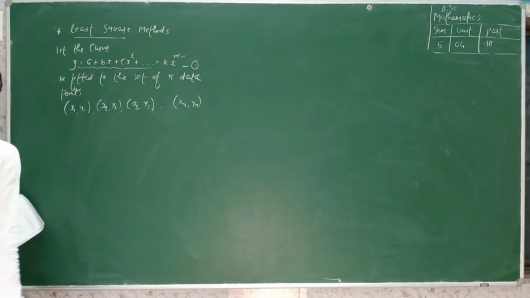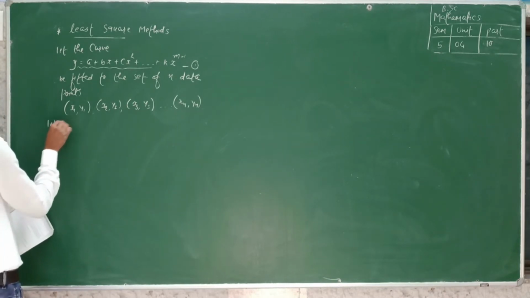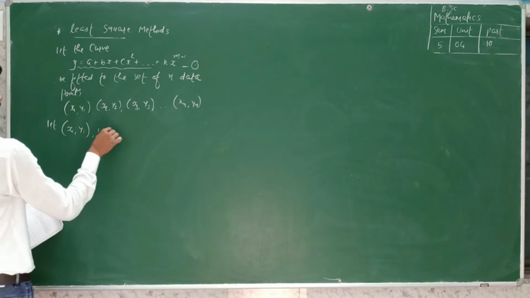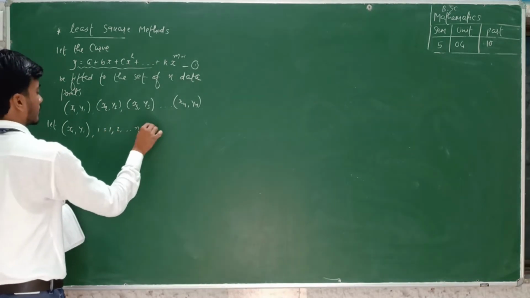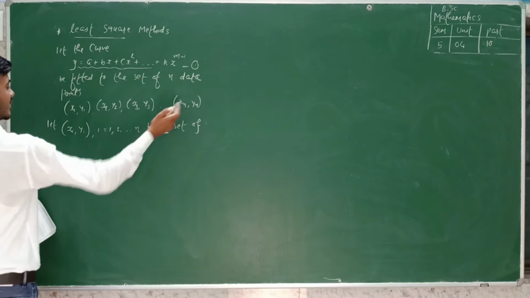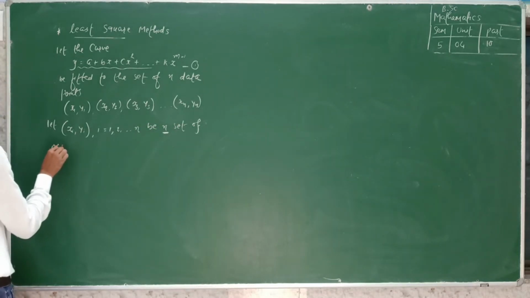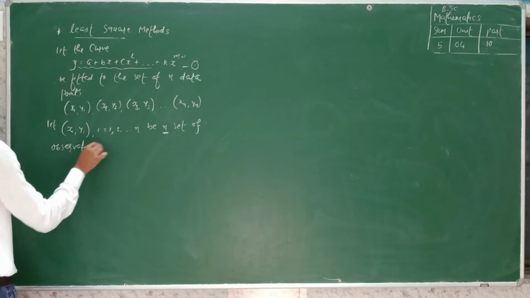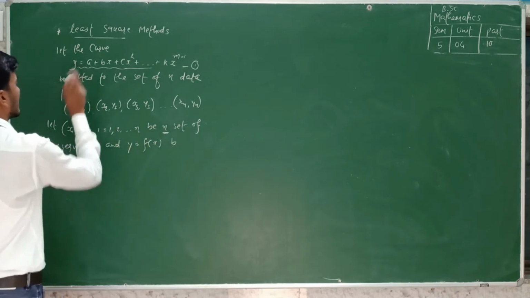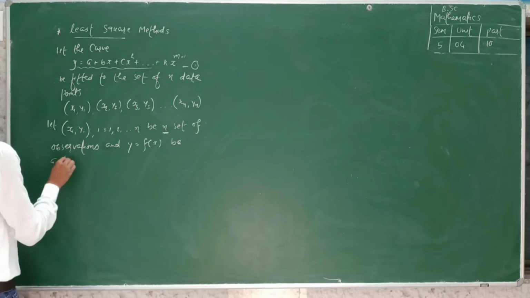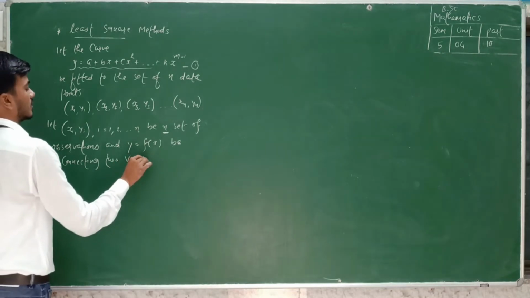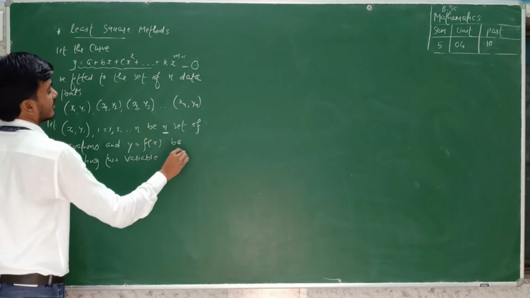to get the best fit curve. Now, suppose xi and yi, the corresponding values of x and y, where i is equal to 1 to n, be n sets of observations, and y is equal to f of x be the function connecting the two variables x and y.